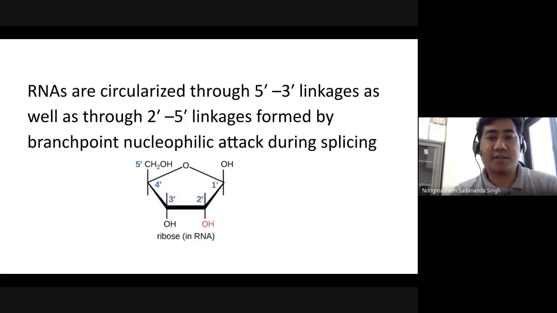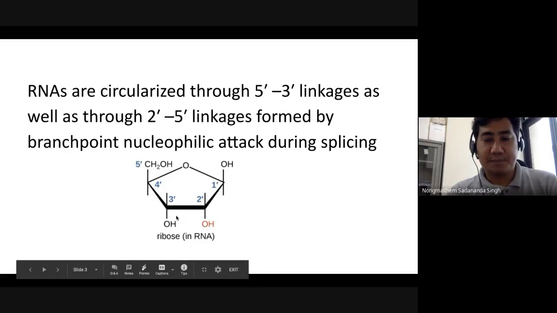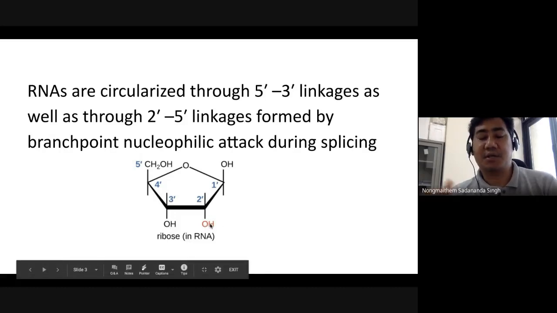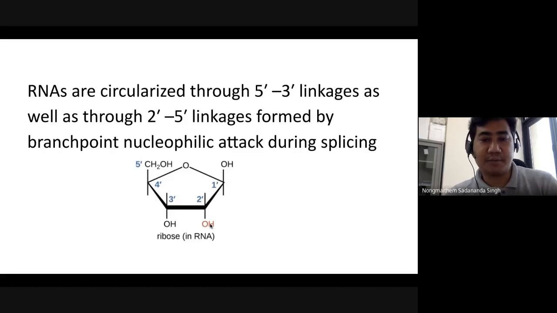But during circularization, when it has to form a circular structure, in the case of RNAs, because of the hydroxyl groups at the 3' end, there can also be a free OH hydroxyl group at the 2' carbon position.